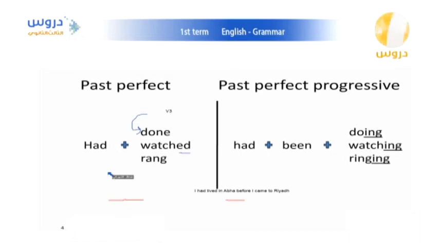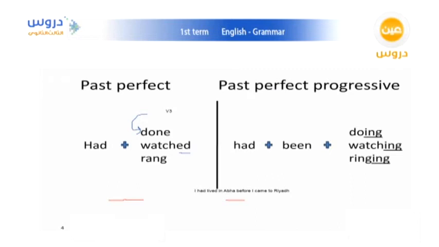So here we have two actions in the past. Two actions: had lived, this is the form of the past perfect, in Abha before I came to Riyadh. And the base form for came is come. Come, came, come. So two actions.